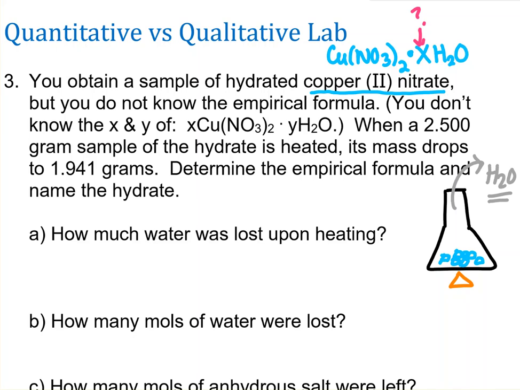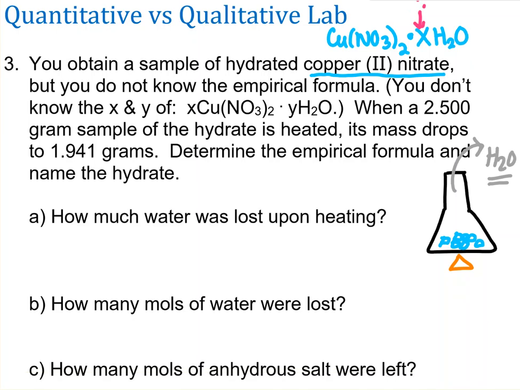So let's just mark a few things in here. You're always starting with the hydrated form of the salt. The idea here is that you're looking for, I wrote an X up there, but it's this Y here. This X will be a 1, so you won't worry about that number. And we'll always have the mass before and after. It loses mass during heating. Again, you're starting with the salt hydrate.